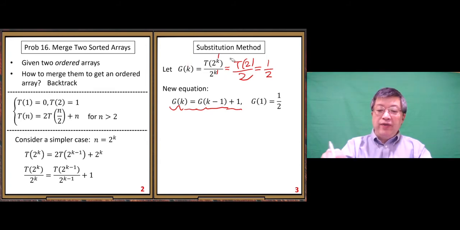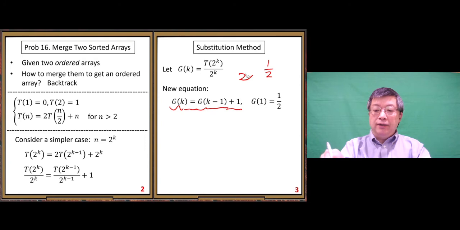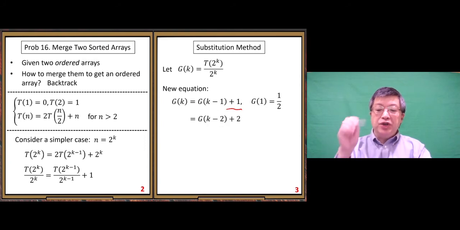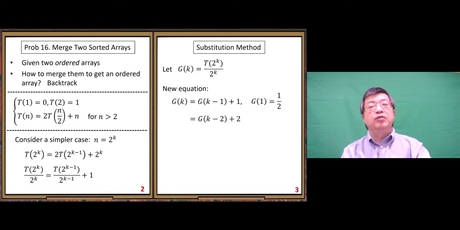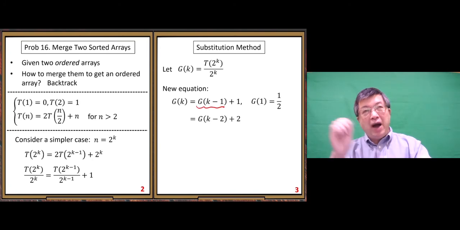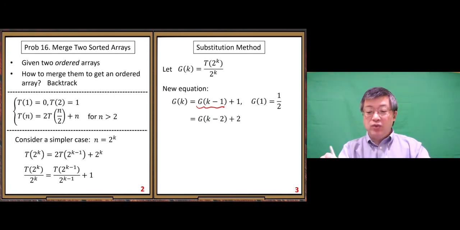All right, so with that, now let us solve this new recurrence relation. Let us apply it on g of k minus 1. It equals g of k minus 2 plus 1. 1 plus 1, so we get this 2. So we can keep going.